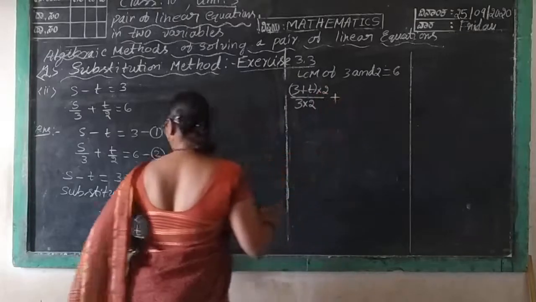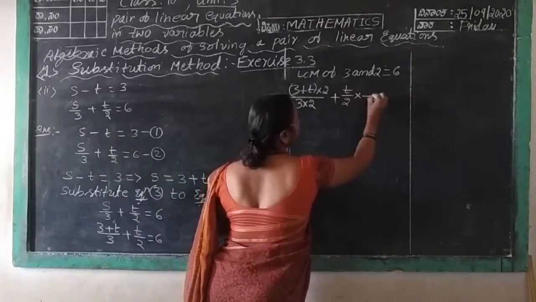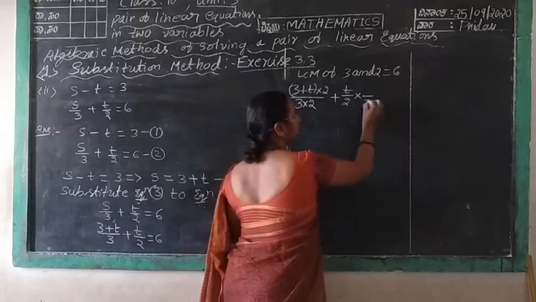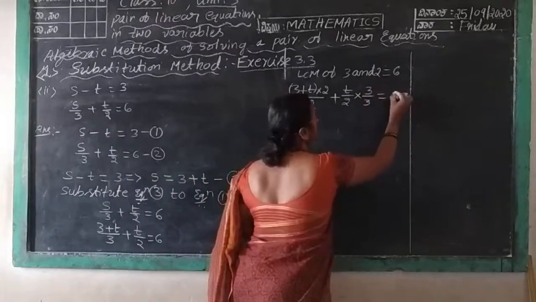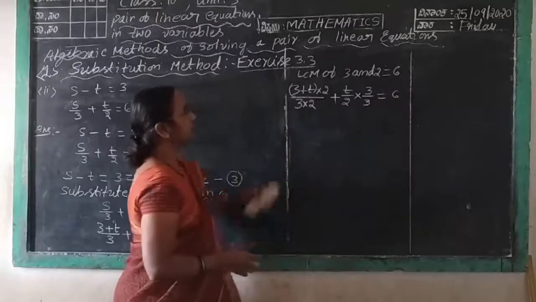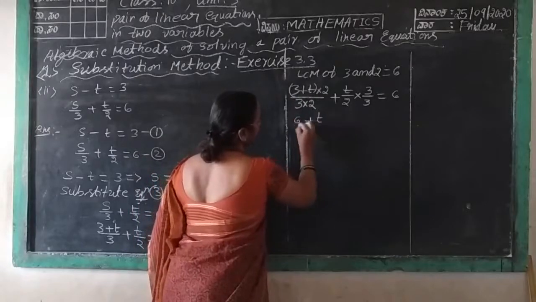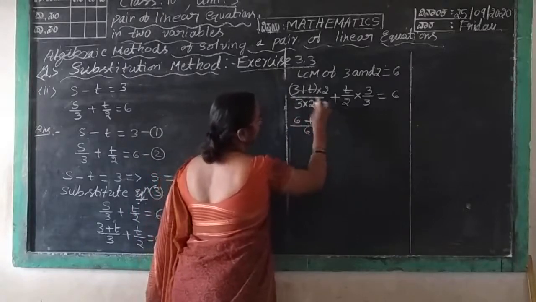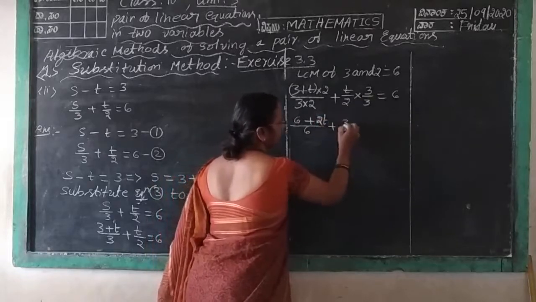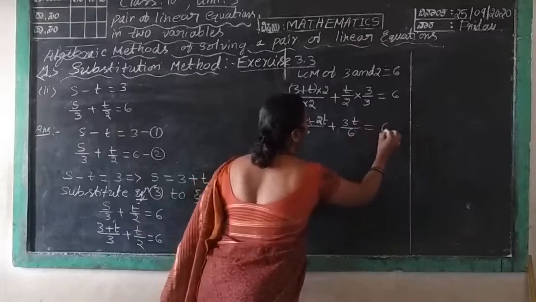Then here t by 2 is there, and we multiply both denominator and numerator by 3 because the LCM is 6. Then multiply this numerator 2 into 3, 6, plus t by 6, 2t, plus 3 into t is 3t, by 3 into 2 is 6, that is equal to 6.